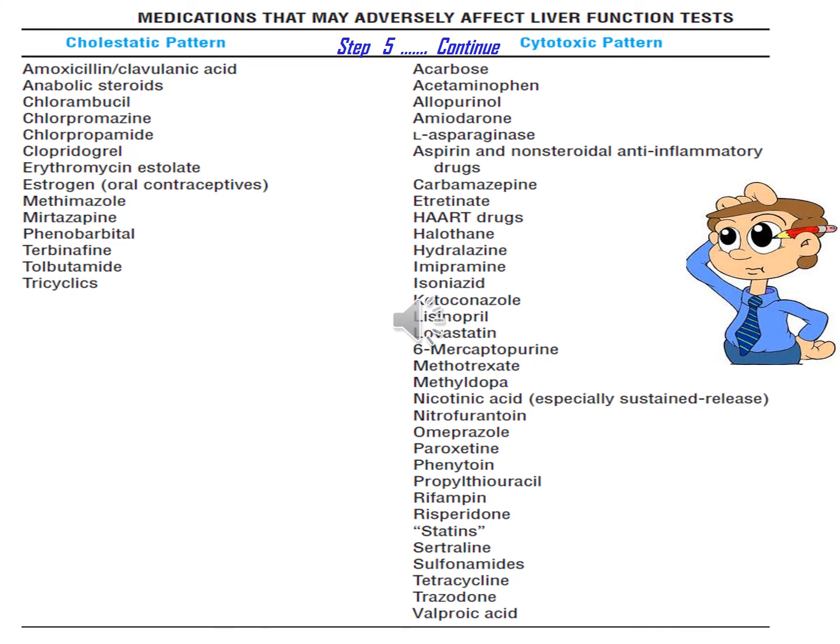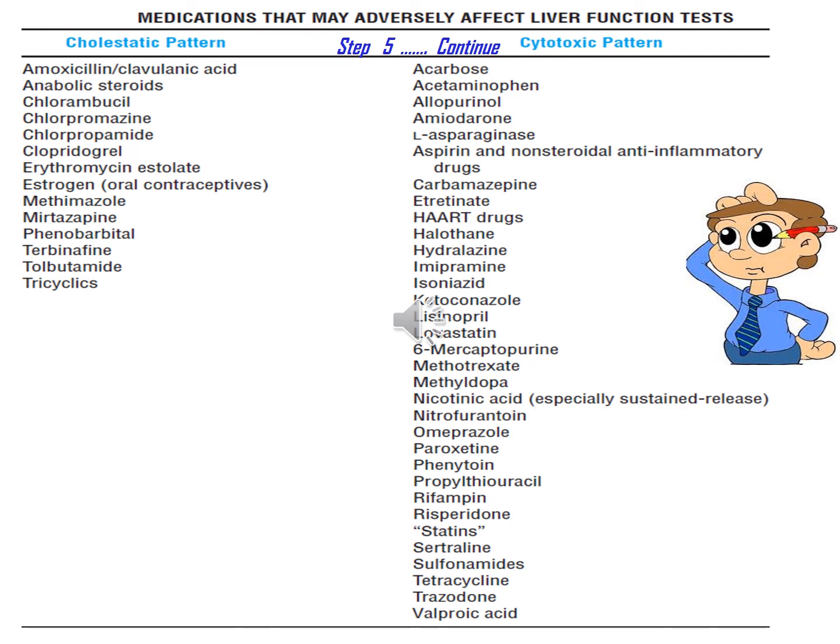Drug history should not be forgotten in both patterns. If we find a cholestatic pattern, there are long lists of drugs that can cause it. On the top of the list: amoxicillin clavulanic acid, Augmentin, anabolic steroids, chlorambucil, clopidogrel, estrogen, methimazole, tricyclics.